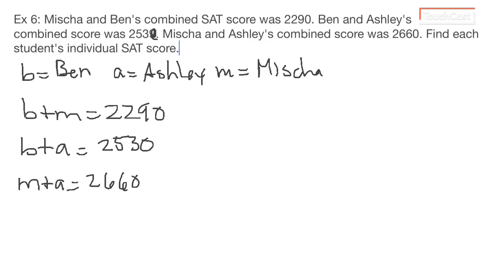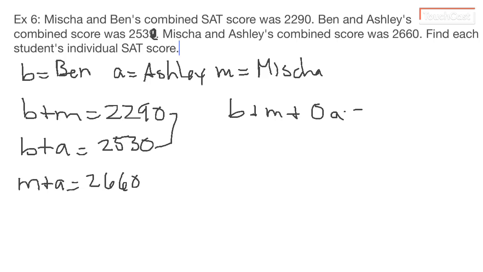I am going to take the first two. I'm going to set it up where I need B's, M's, and A's in both equations. So we're going to have B plus M, and we can add 0A.